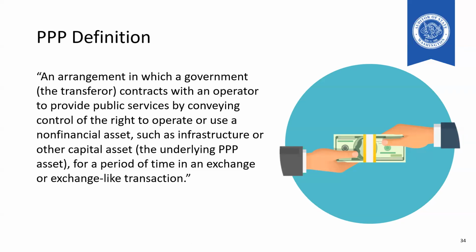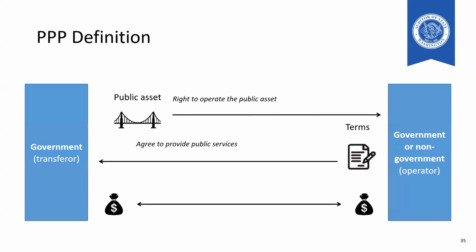That probably sounds familiar because it's really similar to the definition of a lease. This time, in addition to a tangible asset being leased, there's also a public service being provided by the operator. Hopefully this visual makes it a little easier to understand.